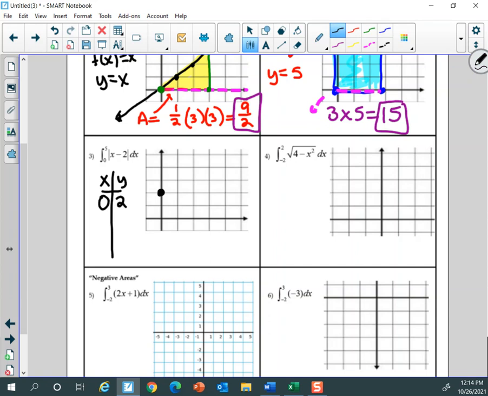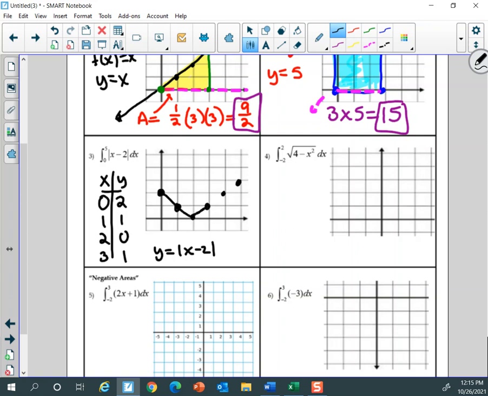So if I want to look at y equals the absolute value of x minus 2, if I don't remember some things about the absolute value function, I can just try plotting some points. I've got to go up to 5. And hopefully you can get to that.